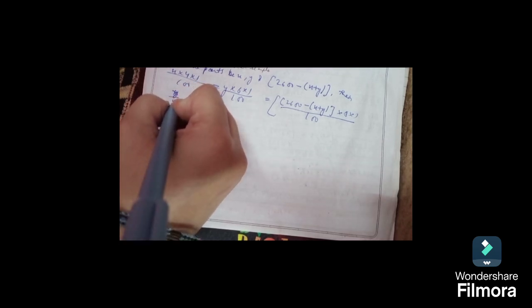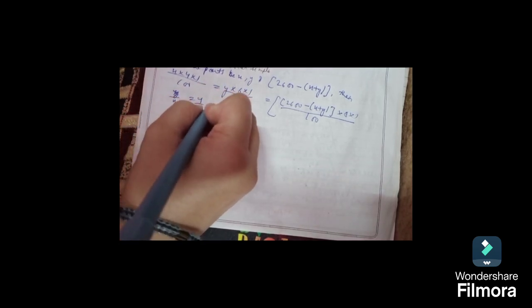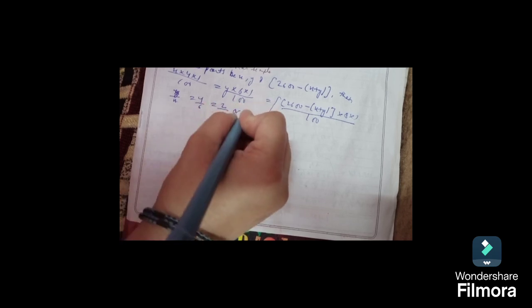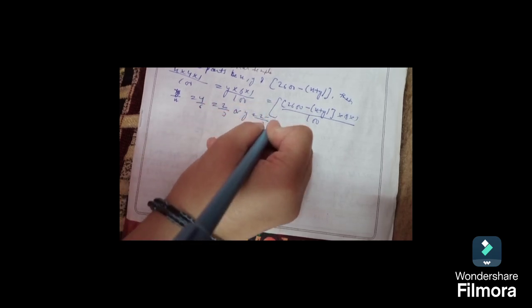Now further, y upon x equals 4 upon 6 equals 2 upon 3, or y equals 2 upon 3x.